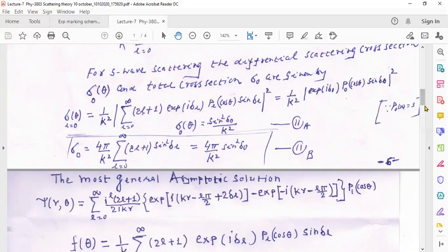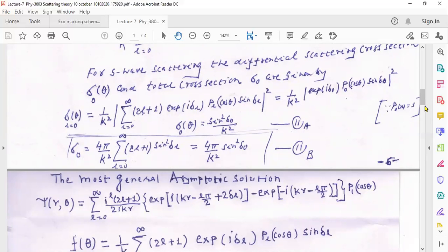So when you calculate the phase shifts delta 0, delta 1, delta 2, delta 3, delta 0 will be more prominent. Delta 0 will be greater than delta 1, and then you have delta 2 corresponding to L equal to 2, delta 3, delta 4. These are the phase shifts, and they are because of the scattering potentials.